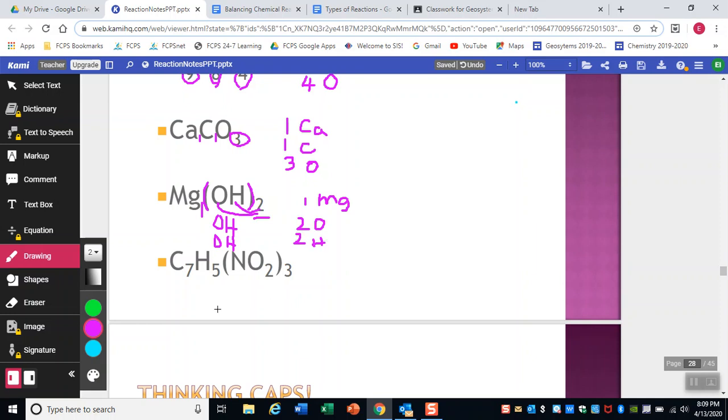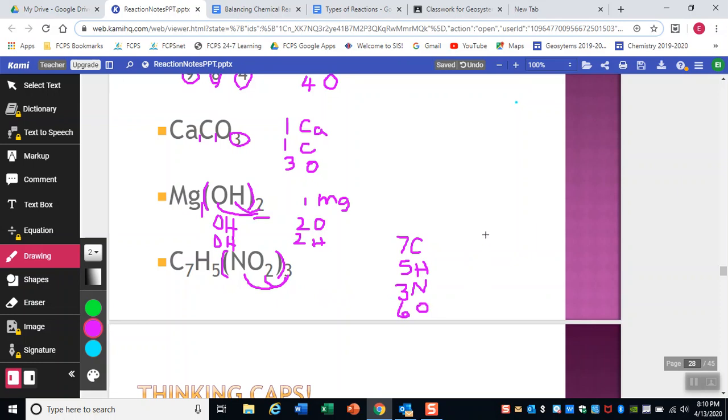All right, and here I've got 7 carbons, 5 hydrogens, and the 3 is outside these parentheses, so I've got 3 of these. That would be 3 nitrogens, and it would be 3 times 2, which is 6, so that would be 6 oxygens.